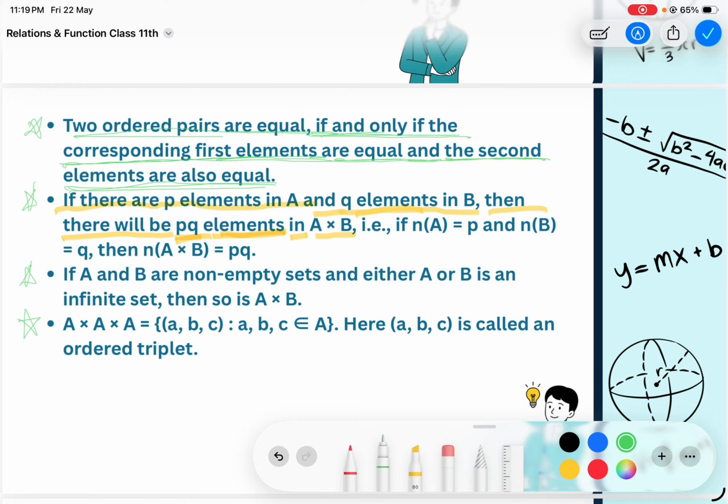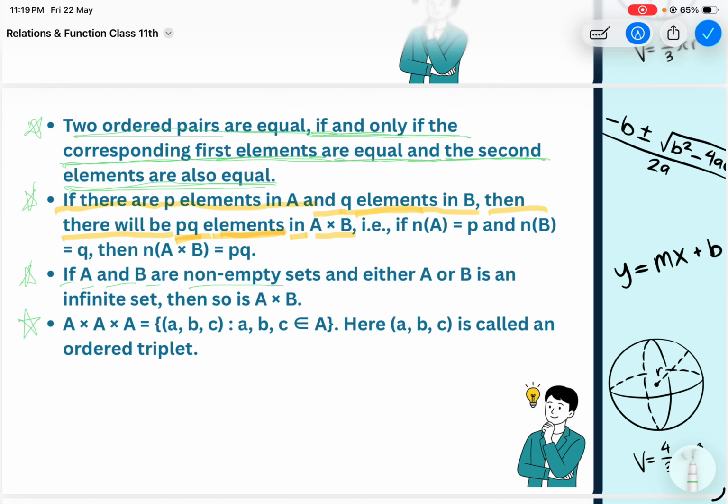Now, if A and B are non-empty sets, meaning A and B are not empty. Suppose A equal to {1, 2, 3}, and B equal to, I have not closed this because I don't know how much we have to write here, {5, 9}. So A and B are non-empty sets, and either A or B is an infinite set.